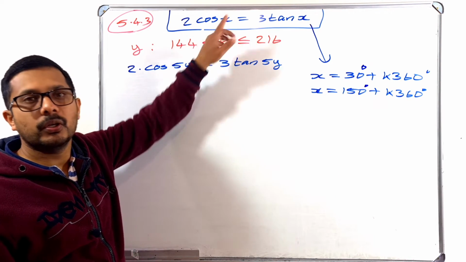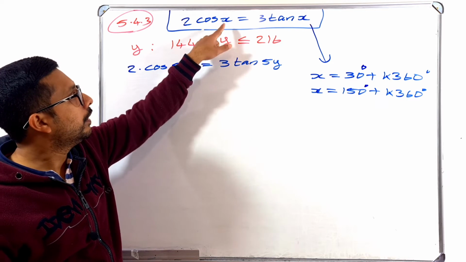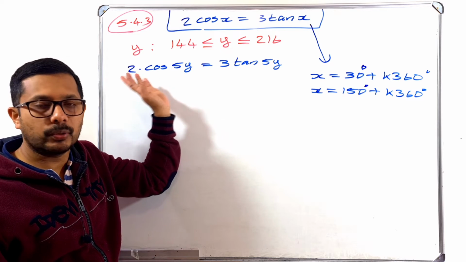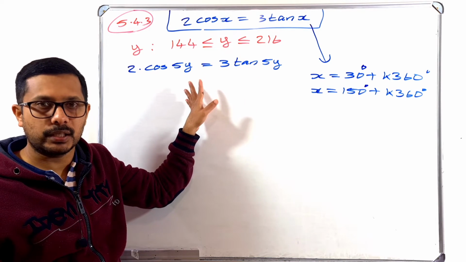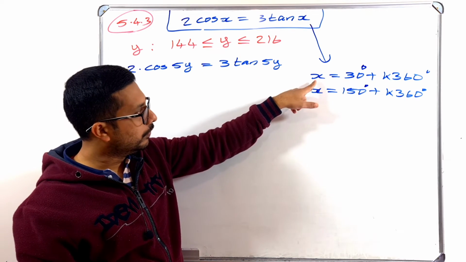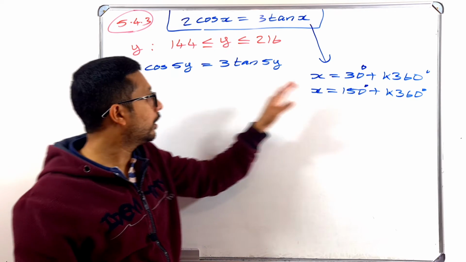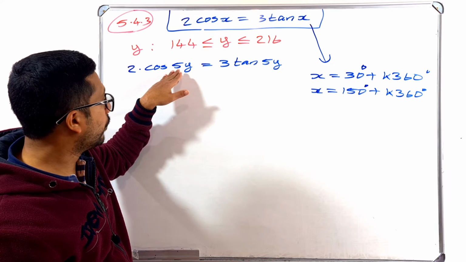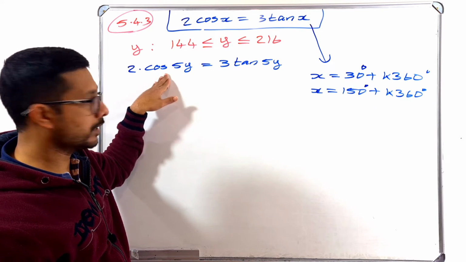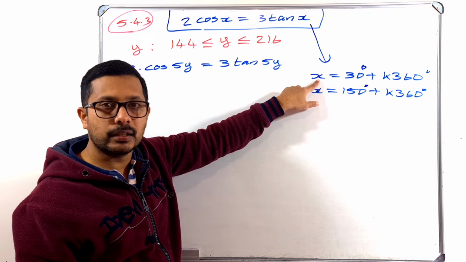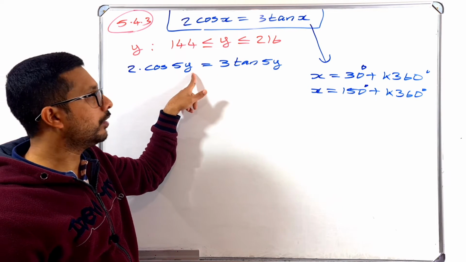The only difference is that instead of x, here it is 5y, otherwise the trigonometry and the pattern are the same. So here we have to find the values of y. What you have to do is instead of this x, write it as 5y.